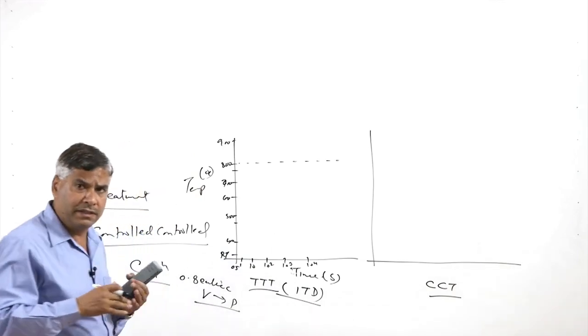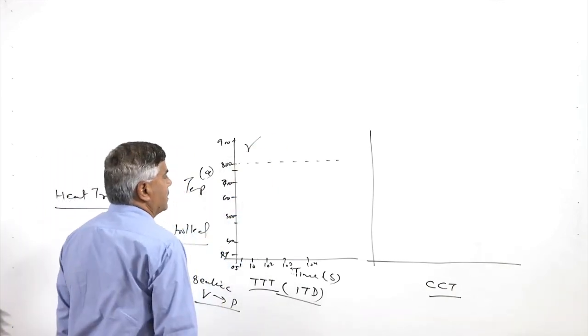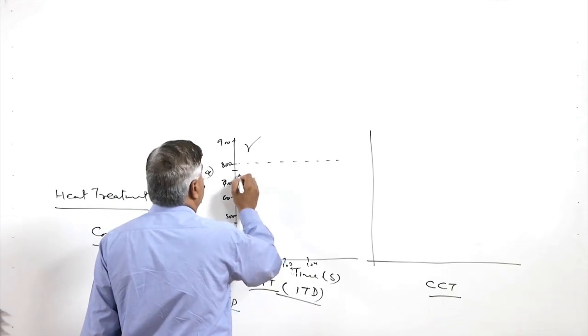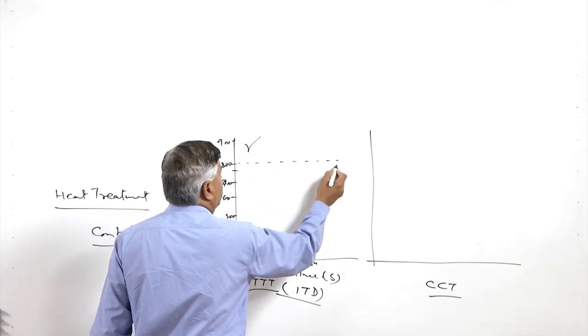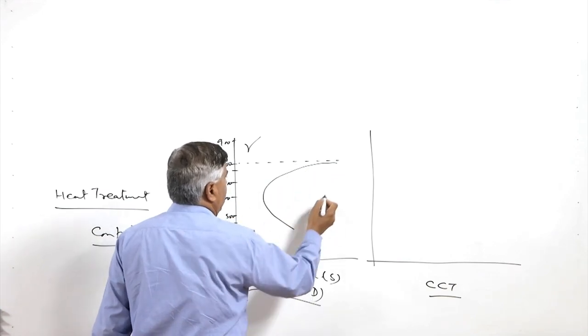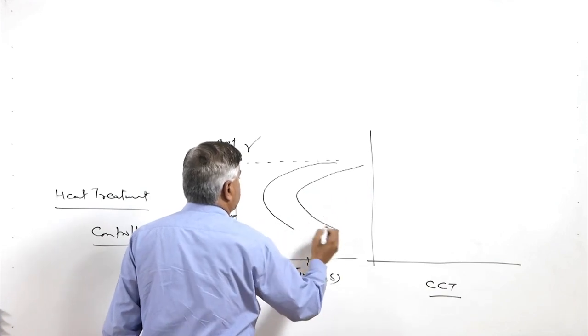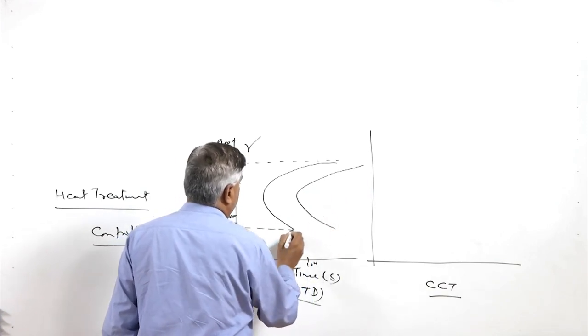Above 800 degree centigrade, it will be completely in the homogeneous austenitic state. As soon as it is held at a lower temperature, transformation will start into other phases. So, this is a typical diagram which is obtained like this.